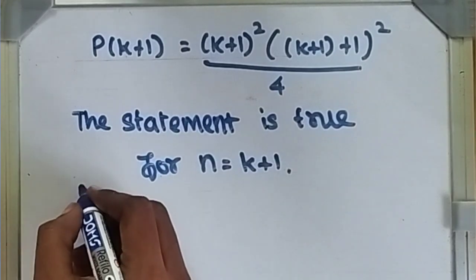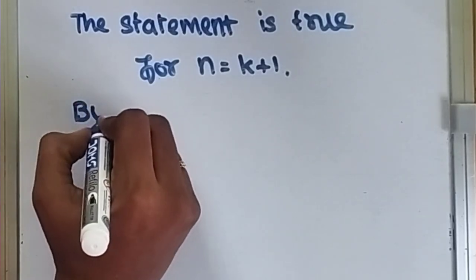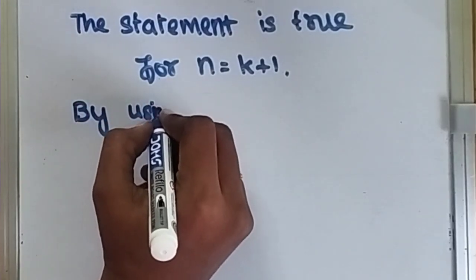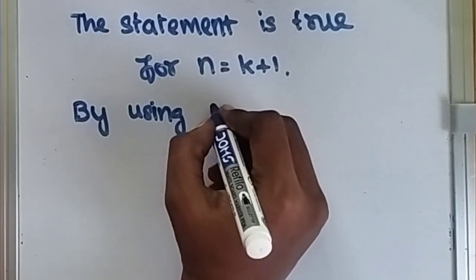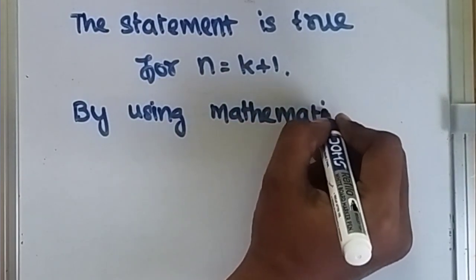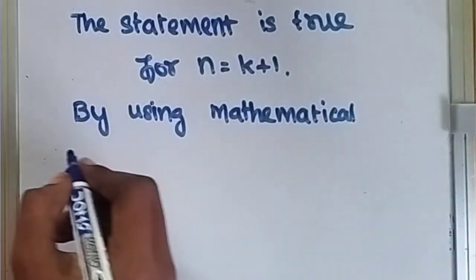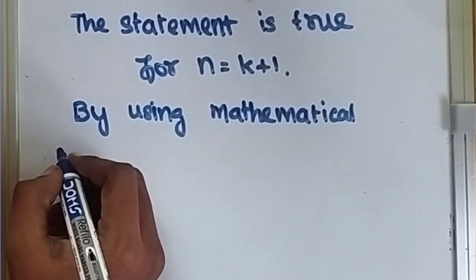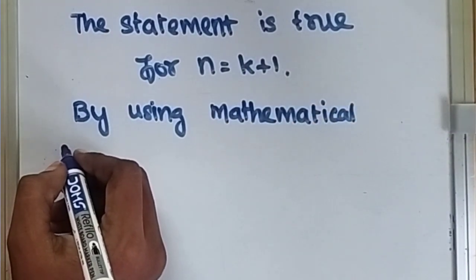Clear. So now we can say by using mathematical induction, right? What is mathematical induction? If you have to prove something, we are taking the same equation in different values of given n, and we proved this.